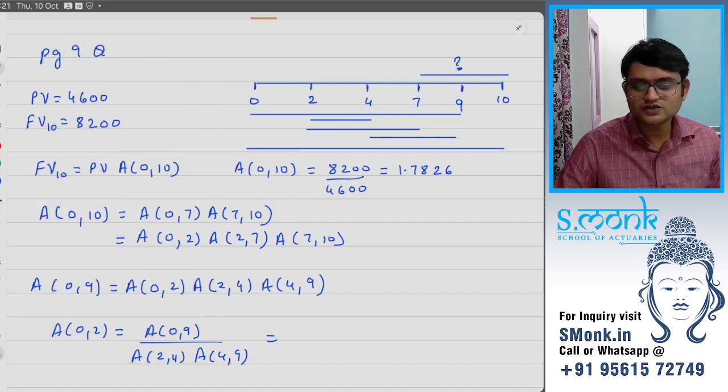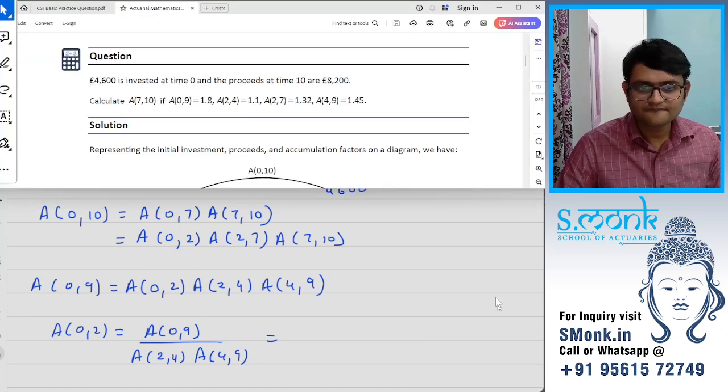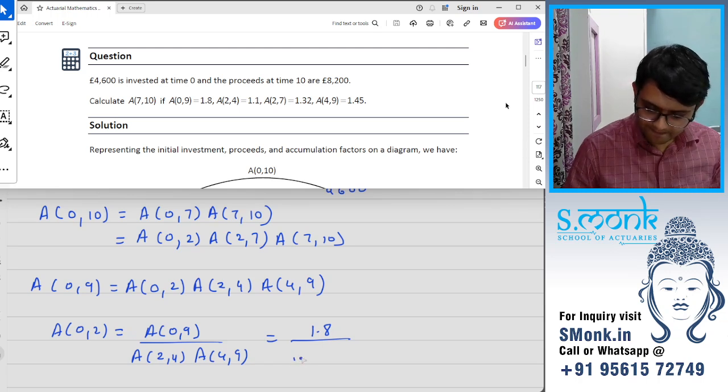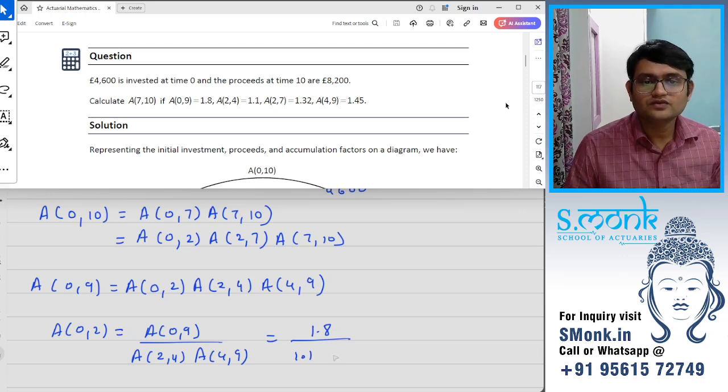Let's take those values from the question. 0 to 9 is given as 1.8, upon 2 to 4 is 1.1, and then 4 to 9 is 1.45.